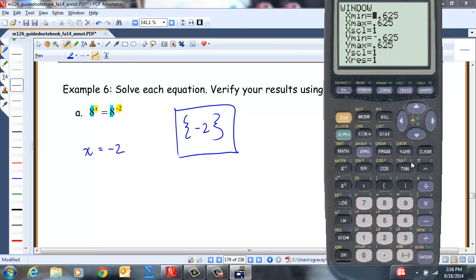So let's do our x minimum at -5, and our x maximum at 5. I think this will be fine. Let's see what we get here. There's our graph.